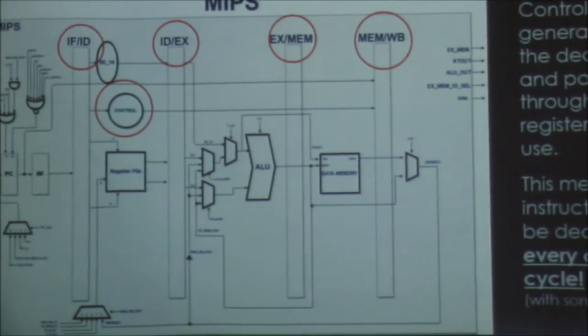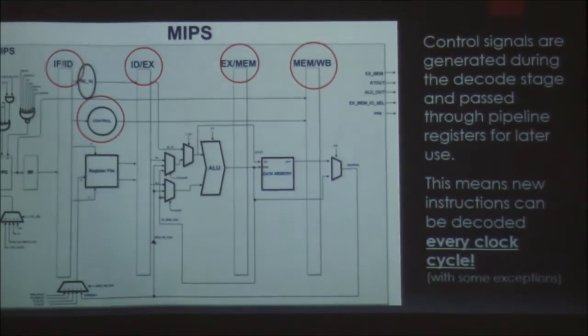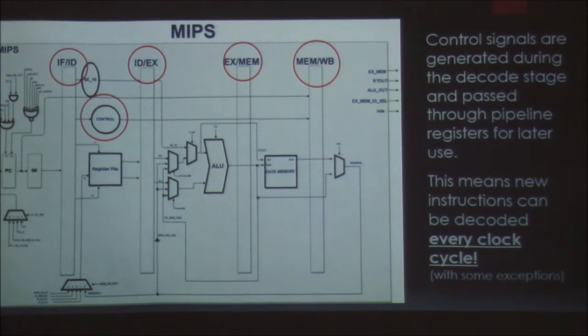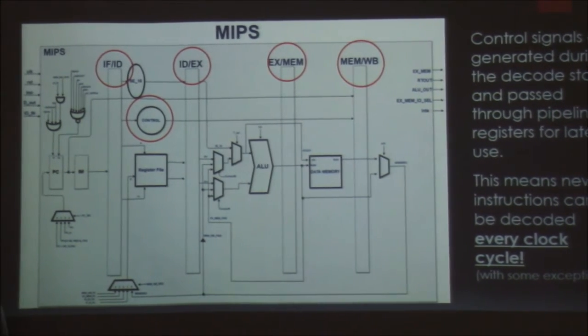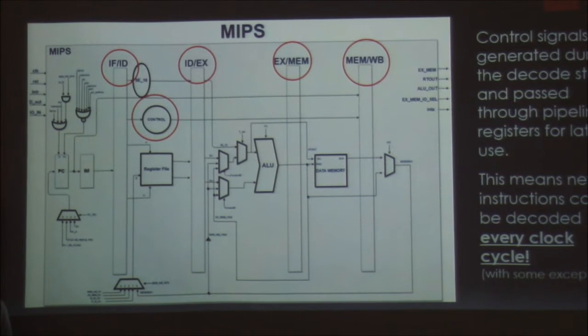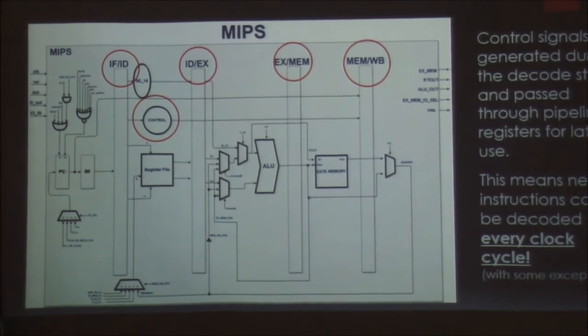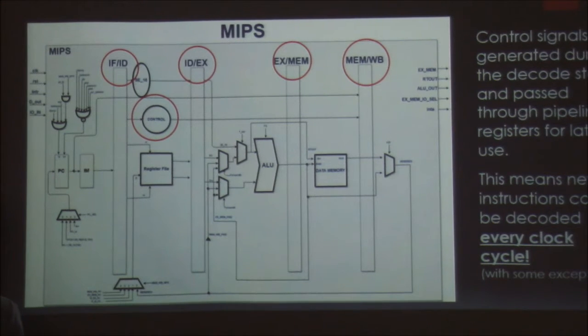This means that new instructions can be decoded every clock cycle, which also implies that each instruction is being completed every clock cycle too. Without pipelining, you can see it would decode, then need to take a certain number of steps to execute and finish before the next instruction is decoded.